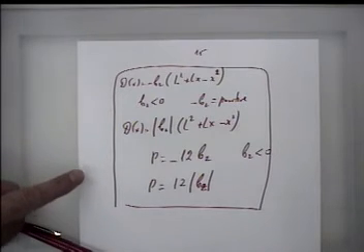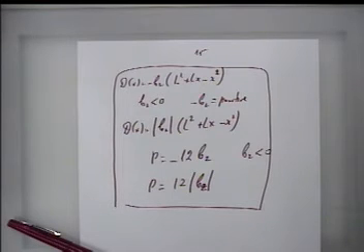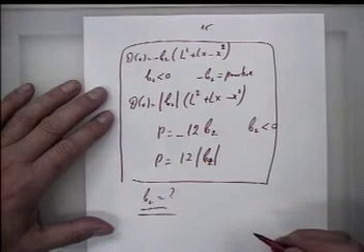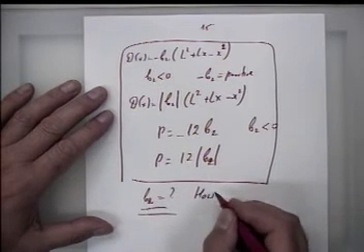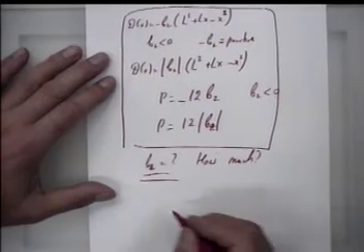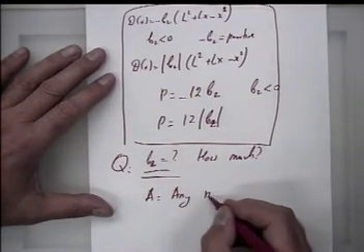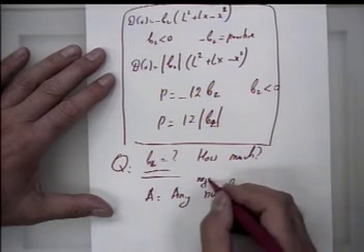But there is one question before we go, a technical question. The technical question is, what is B2? How much is B2? Answer: any number. Okay, any negative number.